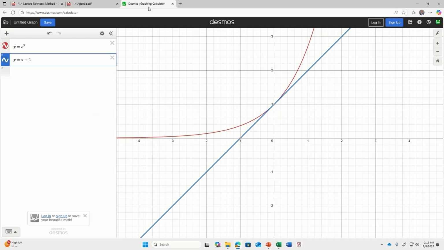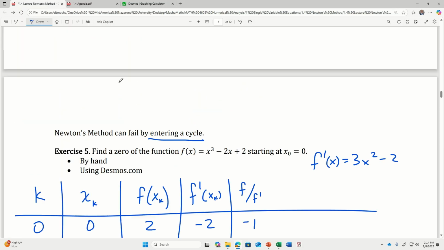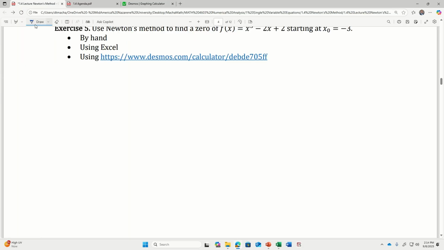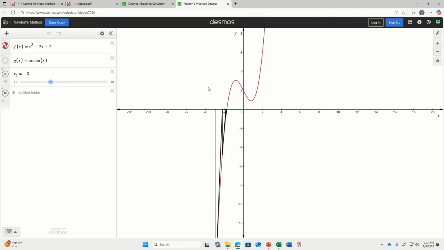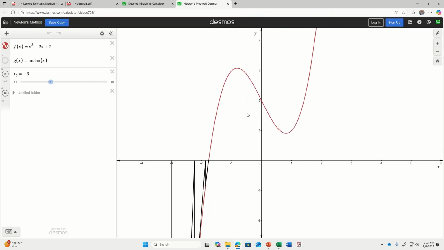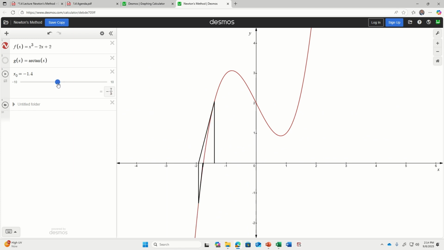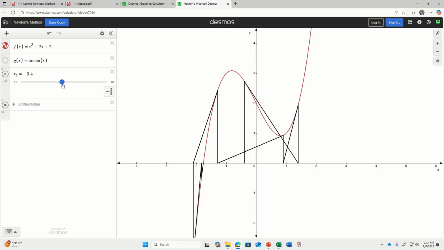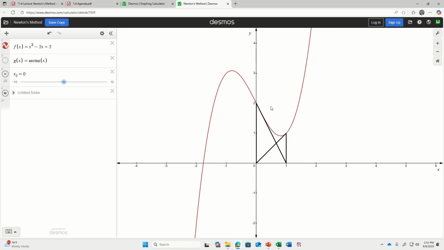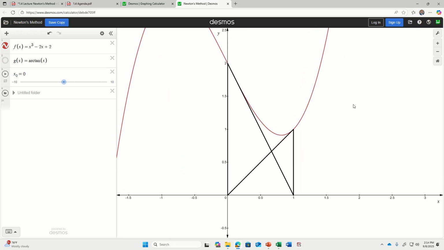It helps to see a picture of what's happening. So we're going to look at a picture again. This is the same function, right? But this time I'm going to move my initial iterate to be at 0. Start off with x equals 0.